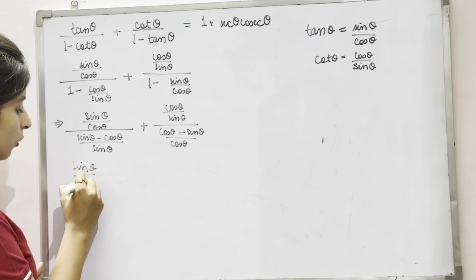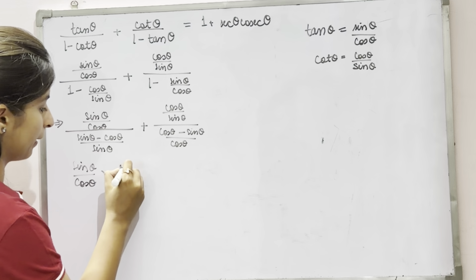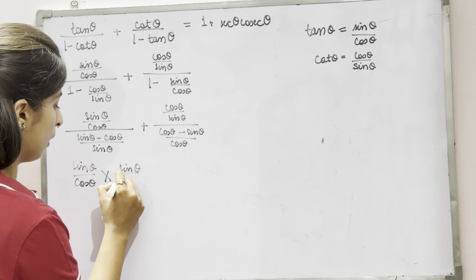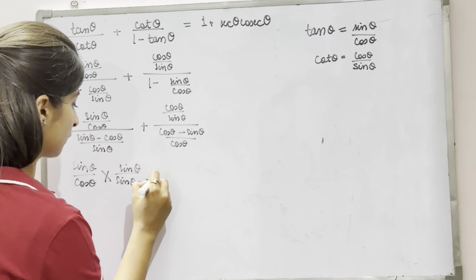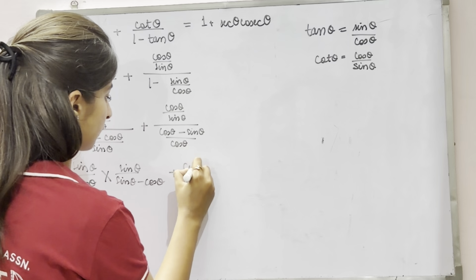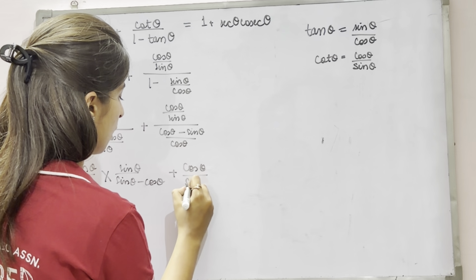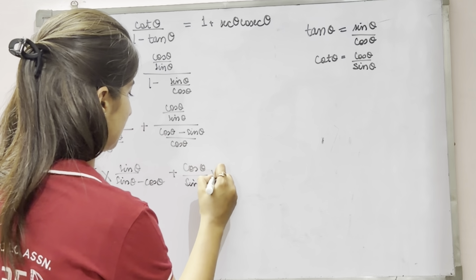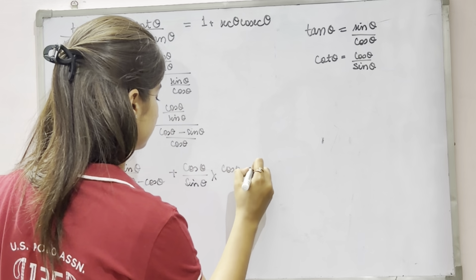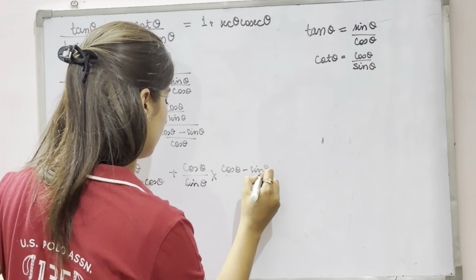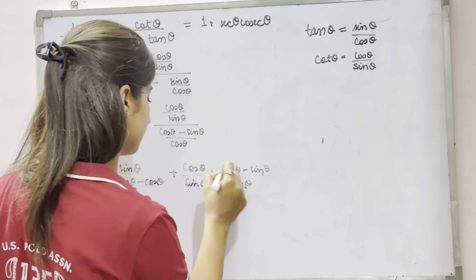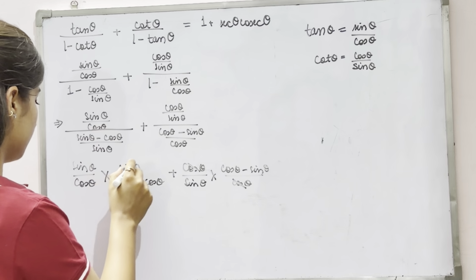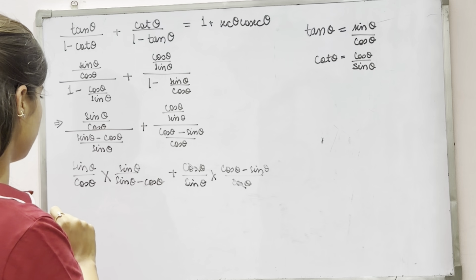You'll get something like sin theta upon cos theta multiplied by sin theta upon sin theta minus cos theta plus cos theta upon sin theta multiplied by cos theta upon cos theta minus sin theta. This and this gets cancelled.